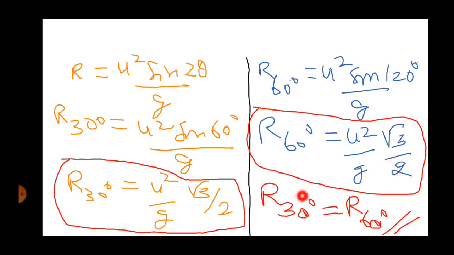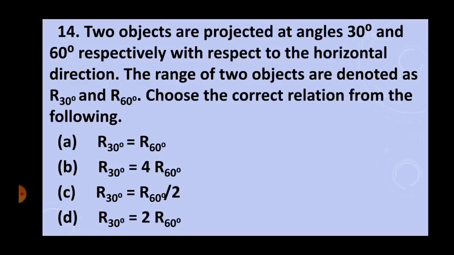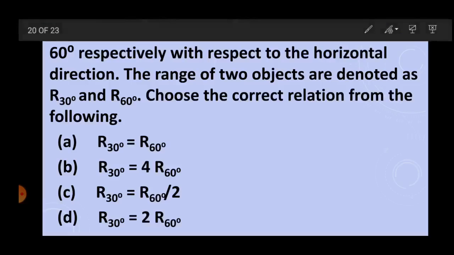So r 30 degree is equal to r 60 degree. Understand, students, the range is the same for the angles of projection 30 degree and 60 degree. So the answer is option A, r 30 degree is equal to r 60 degree.